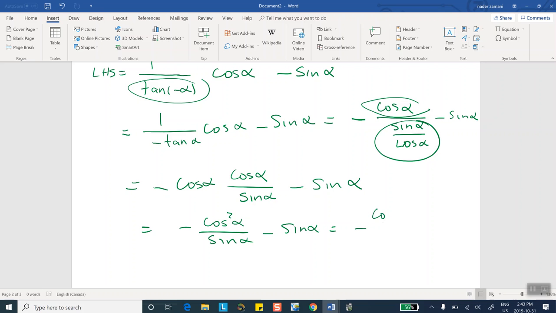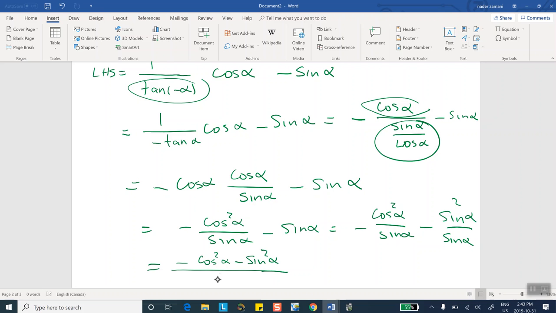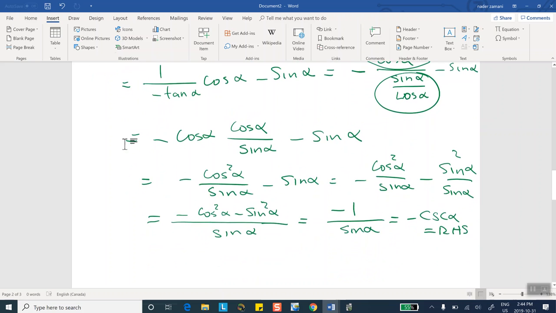The common denominator is sine of alpha, so that's sine squared alpha over sine alpha. And this is equal to minus cosine squared alpha minus sine squared alpha over sine of alpha. The top is minus 1, because if you factor the minus, you get sine squared plus cosine squared, which is 1. And the bottom is sine of alpha. And this is minus cosecant of alpha, which is your right-hand side. So we just proved that one.